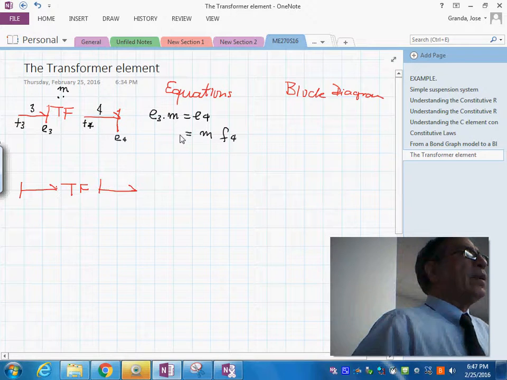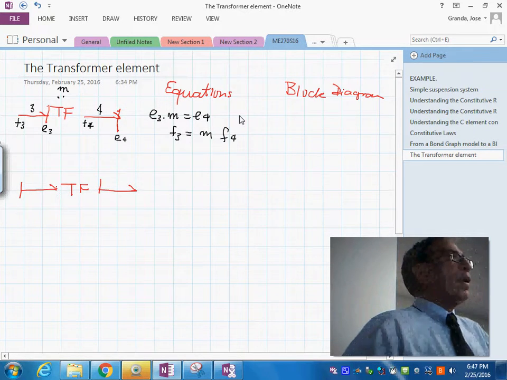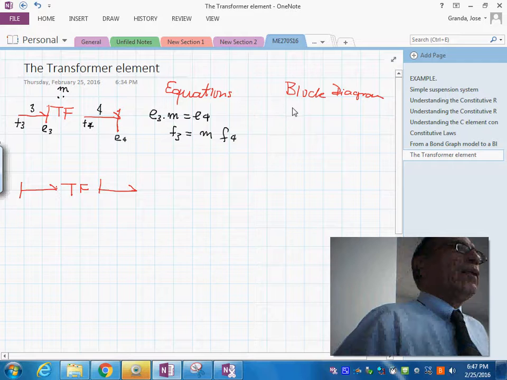And then if you look at the block diagram of this, you would have a situation where you have E sub 3 multiplied by M is E sub 4.